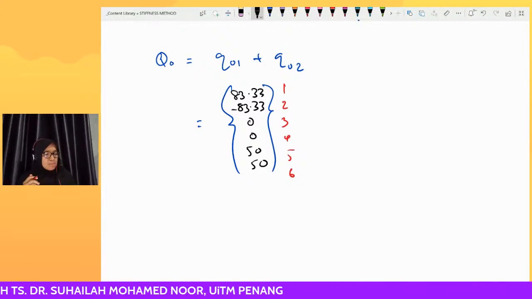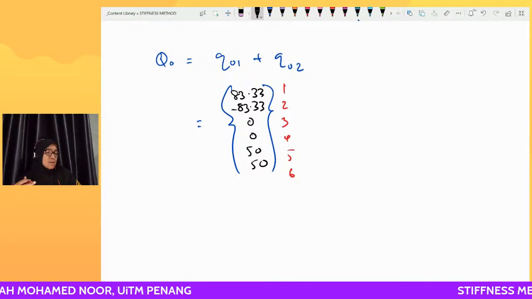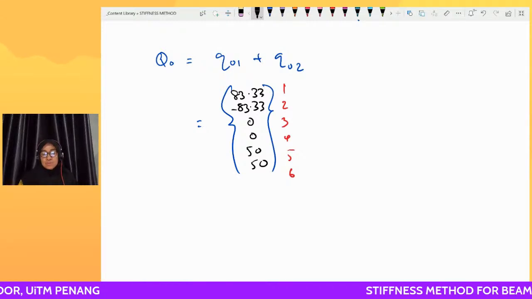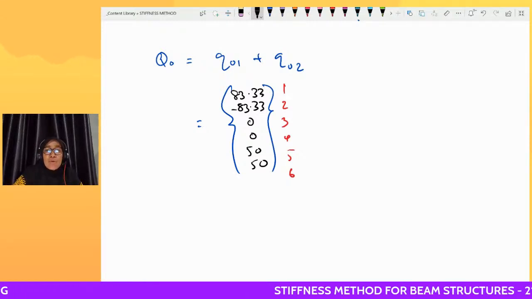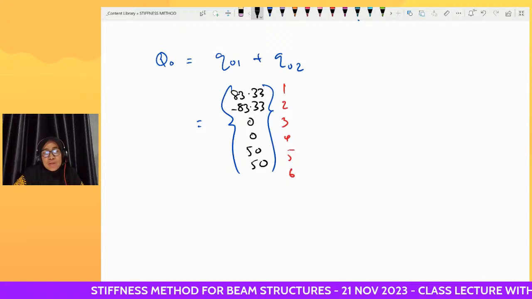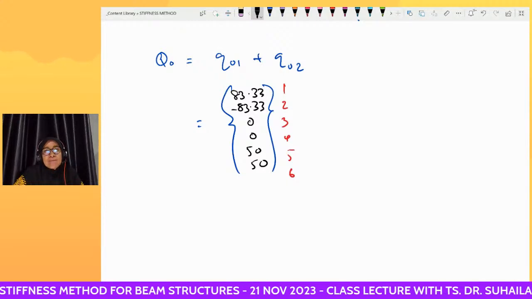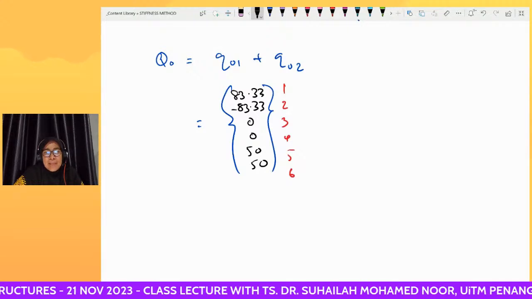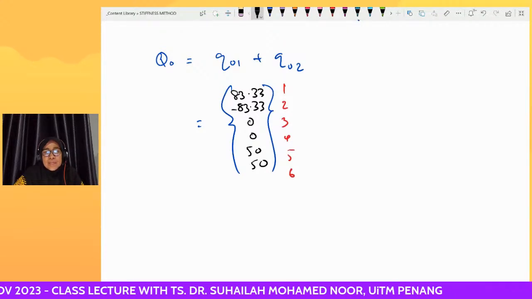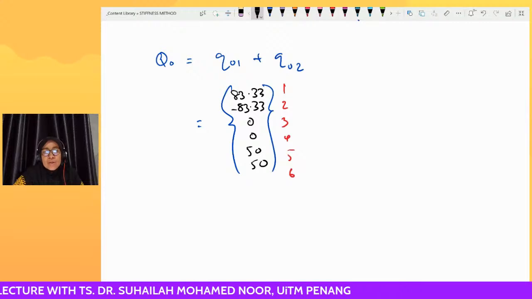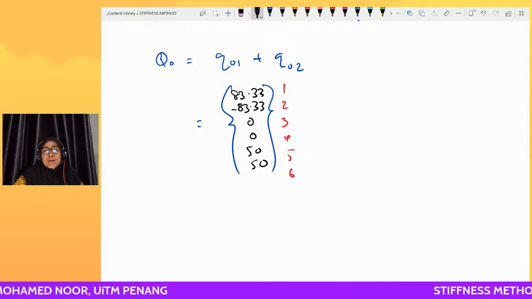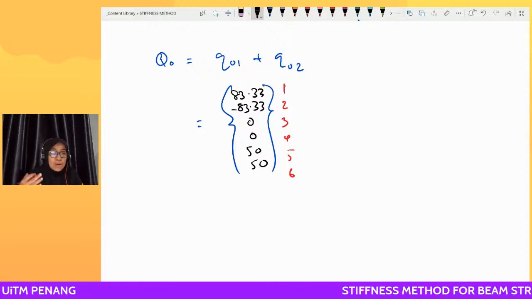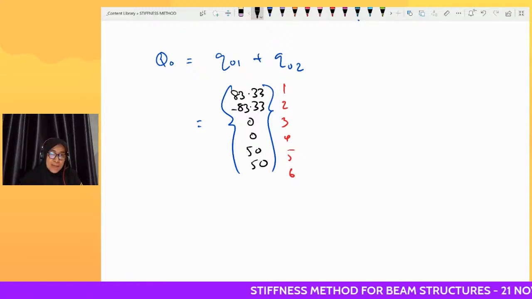There are notes you can find that combine Q and Q naught under one formula, Q is equal to KD, and normally using that method we will determine the value of Q and Q naught, not like what we have done tonight.